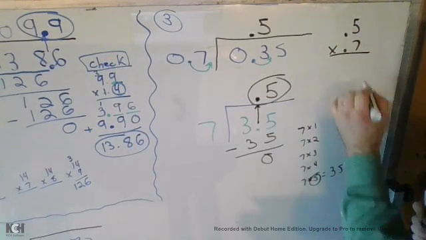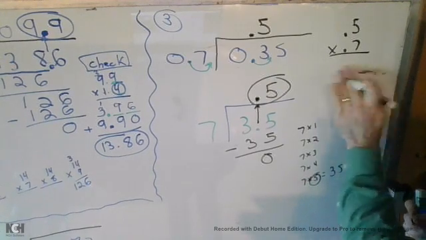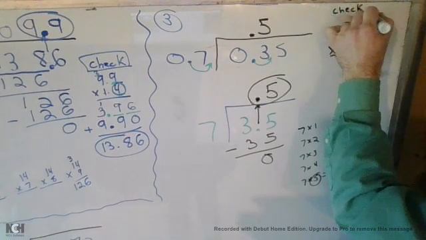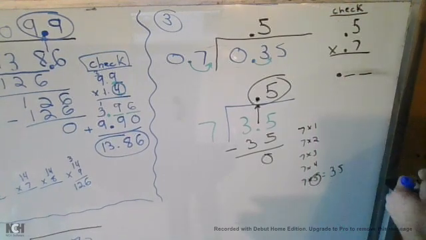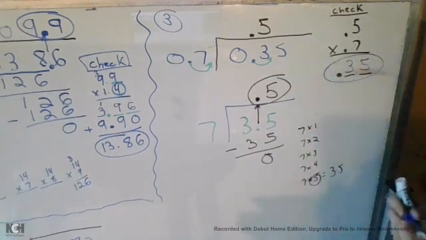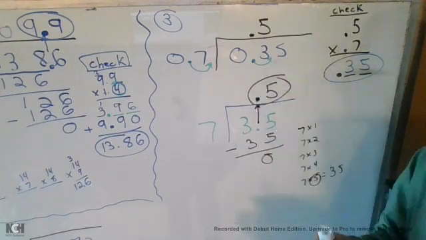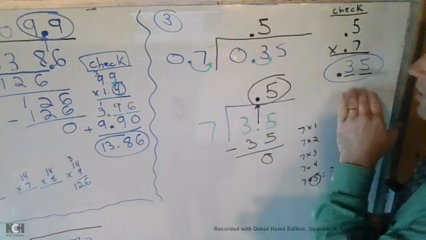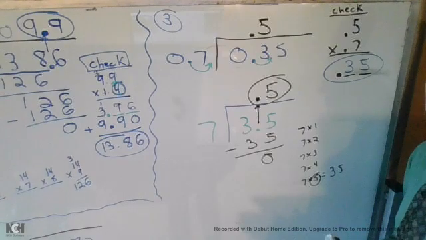So my answer needs to have 2 decimal places. Five times 7 equals 35, which means 35 hundredths is my answer here, which is my original dividend there. But remember, the answer to number 3 is not 35 hundredths. That's your check, but it's 5/10.